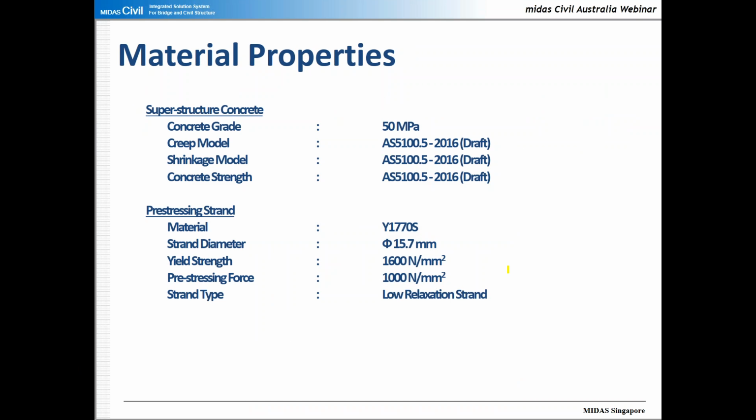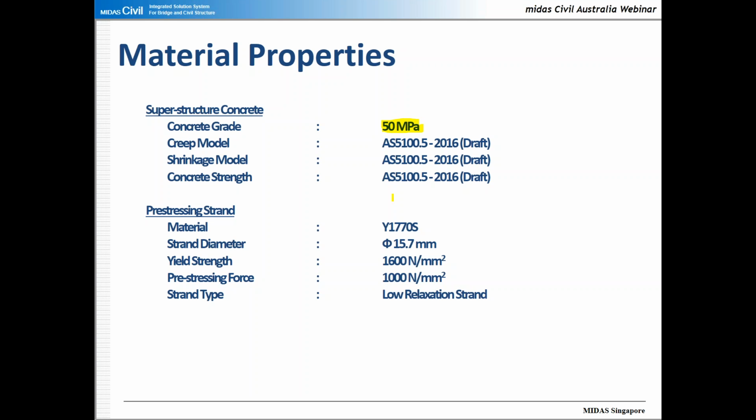Now we will talk about the material properties used for the various elements in the bridge. Superstructure of the bridge is of 50 MPa and we will take into account the creep and the shrinkage model as per the draft of AS5100 Part 5, and the development of concrete strength with the time, it will be taken care as per the same code.